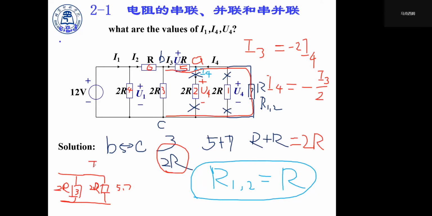And the current that runs through the 5-7 branch is I3, which means the resistor 3 branch must have an equal current to the 5 and 7 branch, right? We copy. Yes, teacher.